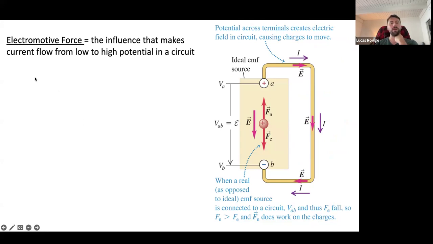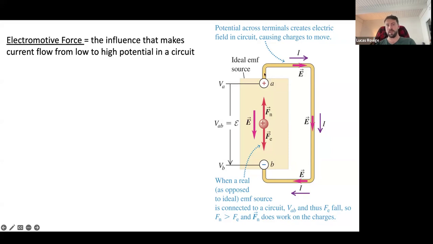And so that's where the concept of electromotive force arises. The electromotive force can be seen as the influence that makes the current flow from low to high potential in a circuit.